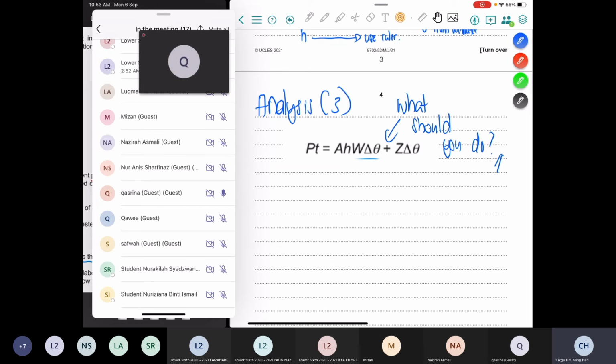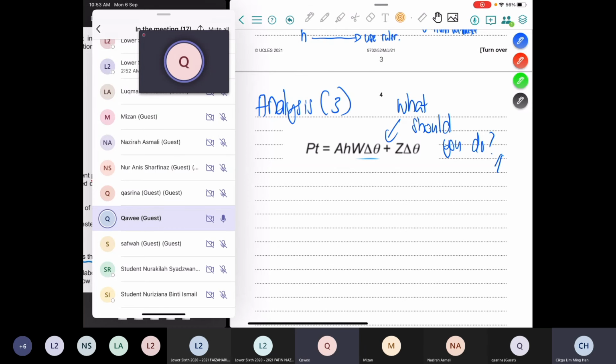Can I have Kawi, please? Yes, sir. Kawi, can you tell me what you should do with this expression? No answer. We don't know.